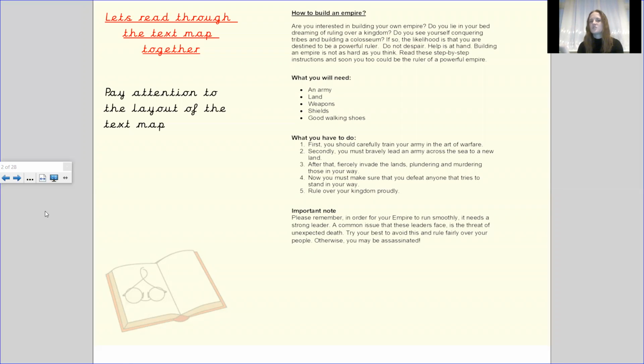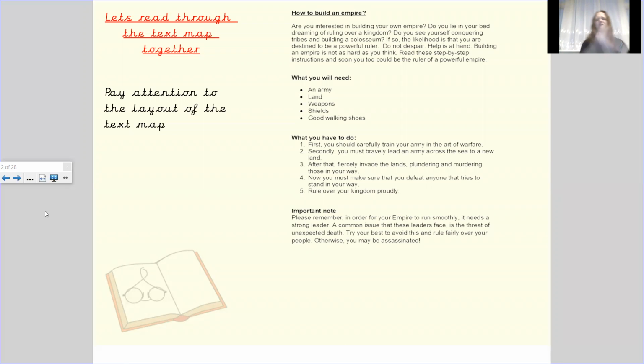What you will have to do: first, you should carefully train your army in the art of warfare. Secondly, you must bravely lead your army across the seas to a new land.